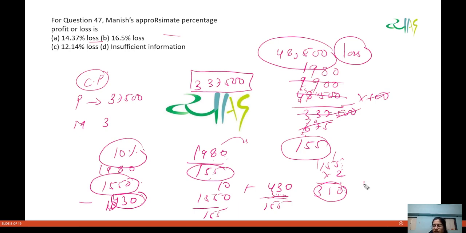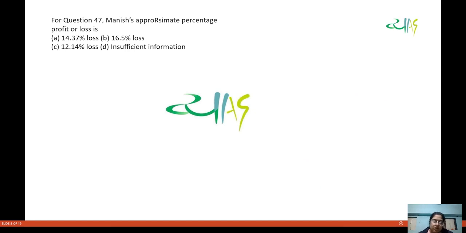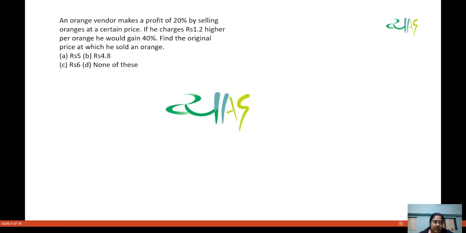Only 120 is left. Now this is less than that. So 12.14% is your loss. I hope everybody is clear with this. Do some calculation, and once the calculation is a little bit simplified, start applying your tricks to get the answer. Don't go for very long calculations. So this is it for this.